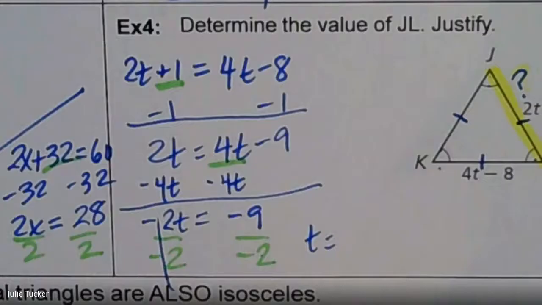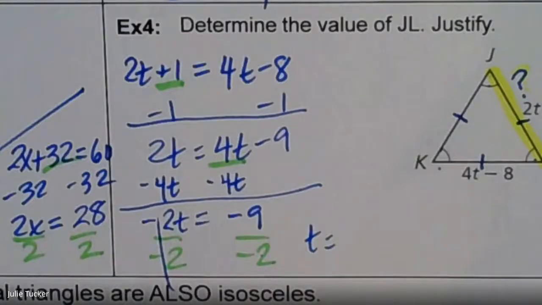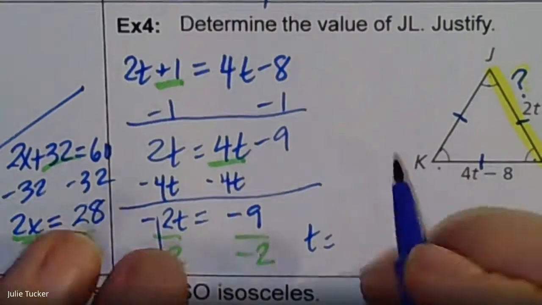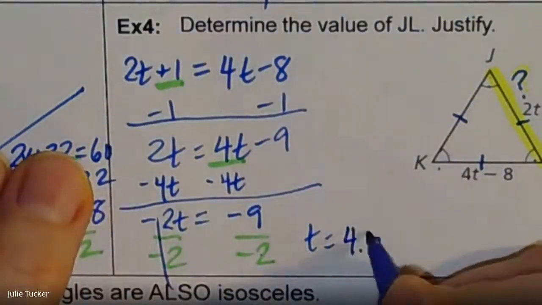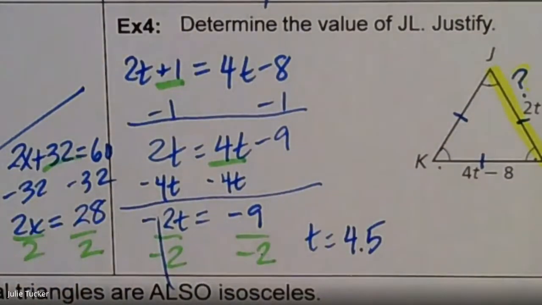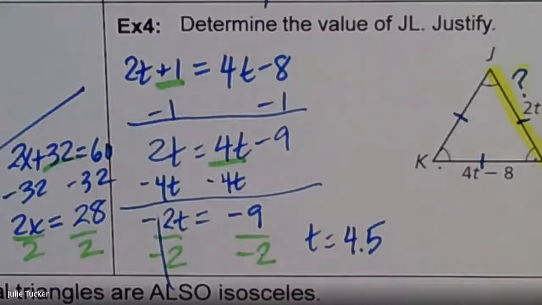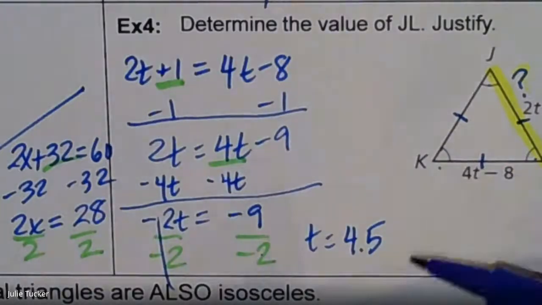What's half of 8? 4. Right. And half of 10 is 5. So half of 9 is halfway between 4 and 5, which is 4.5. Yeah. So this is how much T is.